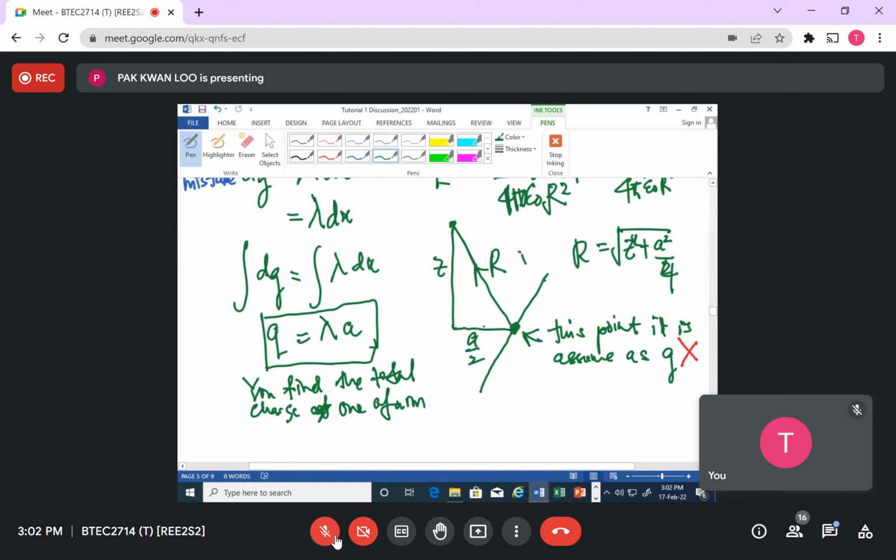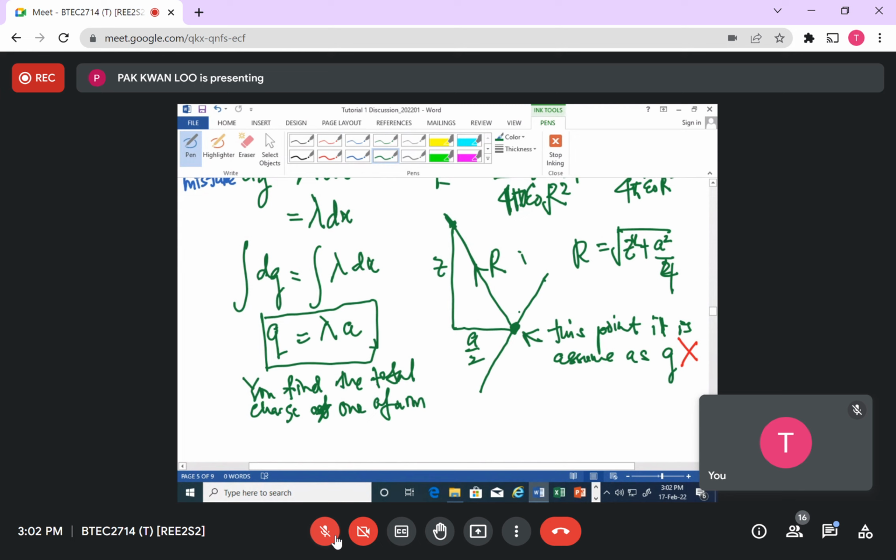You assume that the total charge that you find, you put it this way, and then you calculate the contribution of the electric field at this point. So therefore, the formulation of the problem is not correct.